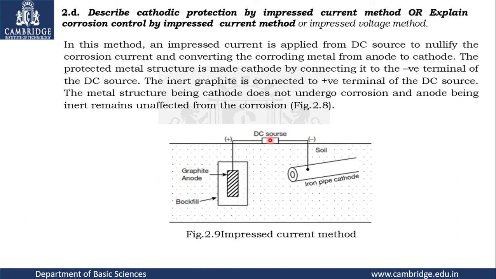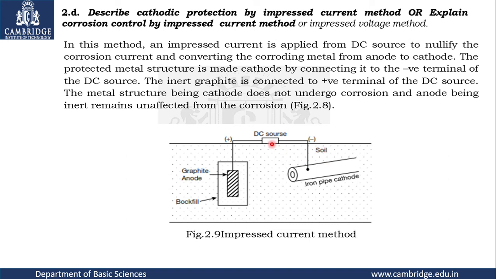Now, a current greater than the corrosion current is allowed to pass through this. Before connecting this, using a device called a potentiostat, it is necessary to measure the corrosion current. For example, the corrosion current is 1.2 volts, say. Then the voltage that you are supposed to apply is greater than 1.2 volt.